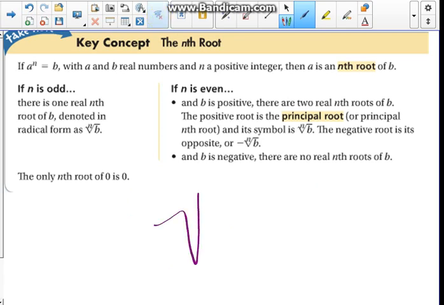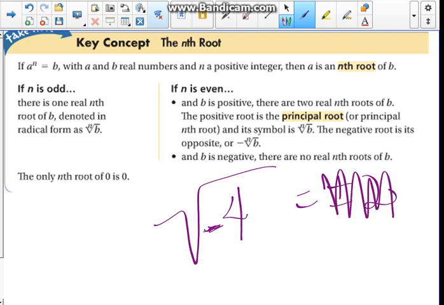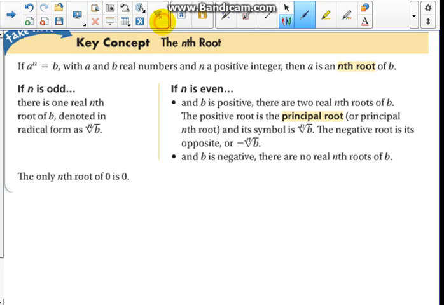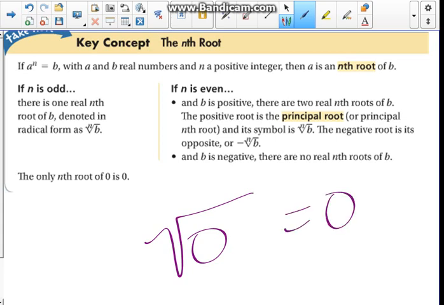But if our index is even, it can have 2 answers. If the radicand is positive, we're going to have 2 answers. But if it is negative, then there is no real root that exists. Any nth root of 0 is always equal to 0.